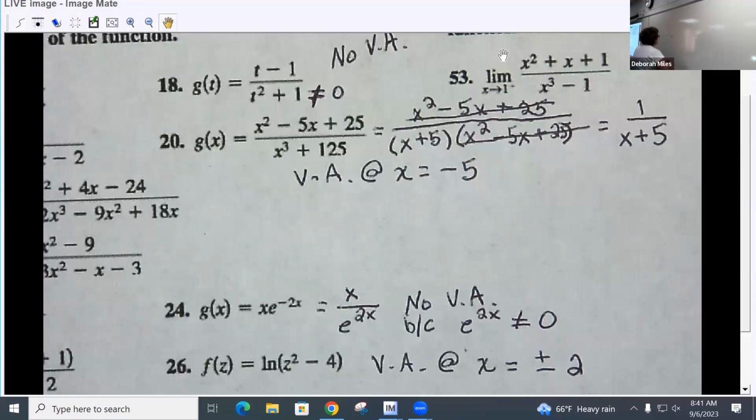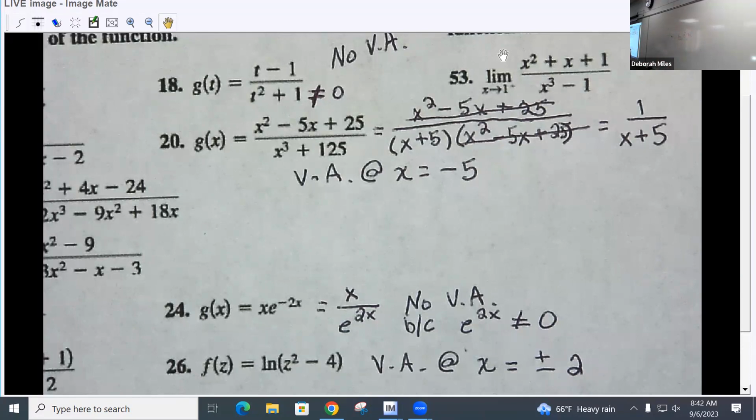For example, if I had the limit as x goes to 0 of x cubed minus 9x over x, would there be a hole in the graph or a vertical asymptote at 0?